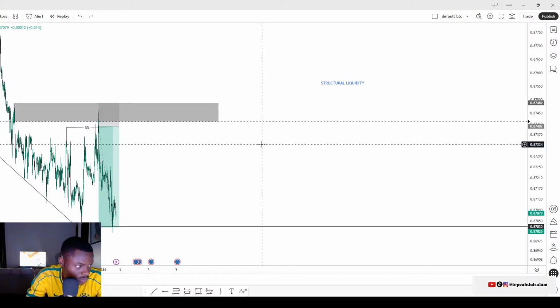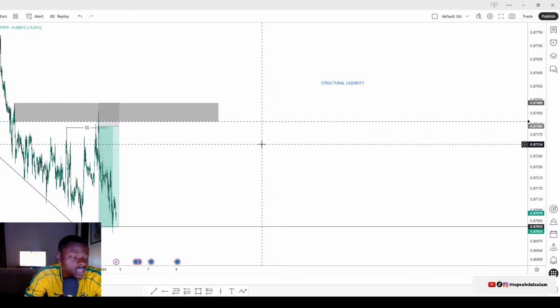What part of liquidity don't you understand? Be specific. How many types of liquidity do we have? We have two types of liquidity: the external range liquidity and the internal or structural range liquidity.